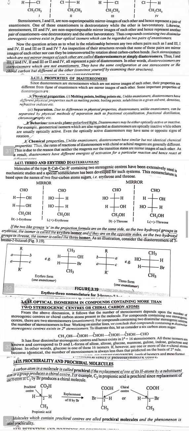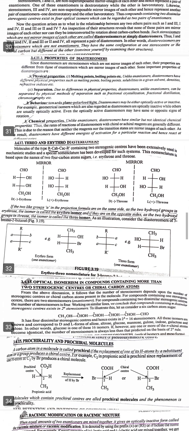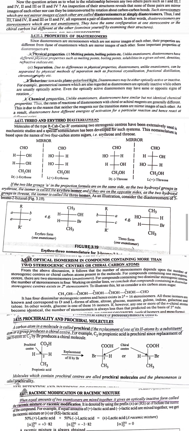Threo and erythro diastereomers. Molecules of the type RCHA-CHAR containing two stereogenic centers have been extensively used in mechanistic study, and special nomenclature has been developed for the system. This nomenclature is based upon the names of two 4-carbon sugars, erythrose and threose.